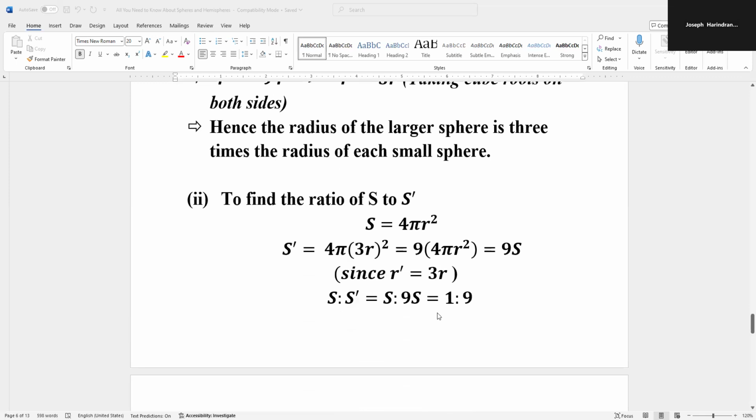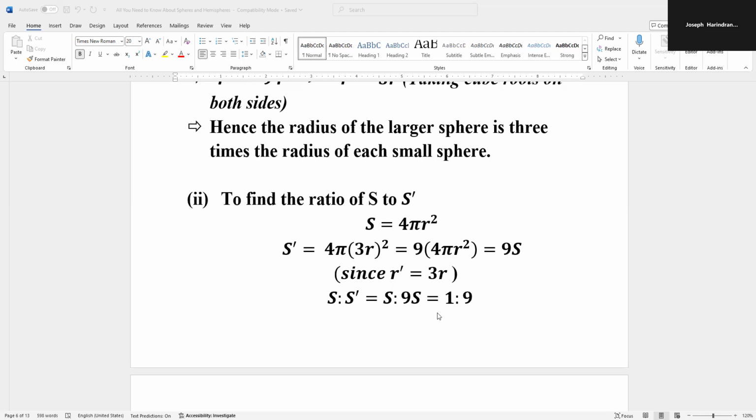To find the ratio of S to S dash, the surface areas of the two spheres: S is equal to 4 pi r squared, S dash is equal to 4 pi r dash squared, which is nothing but 4 pi into 3r the whole squared, which is 9 times 4 pi r squared.